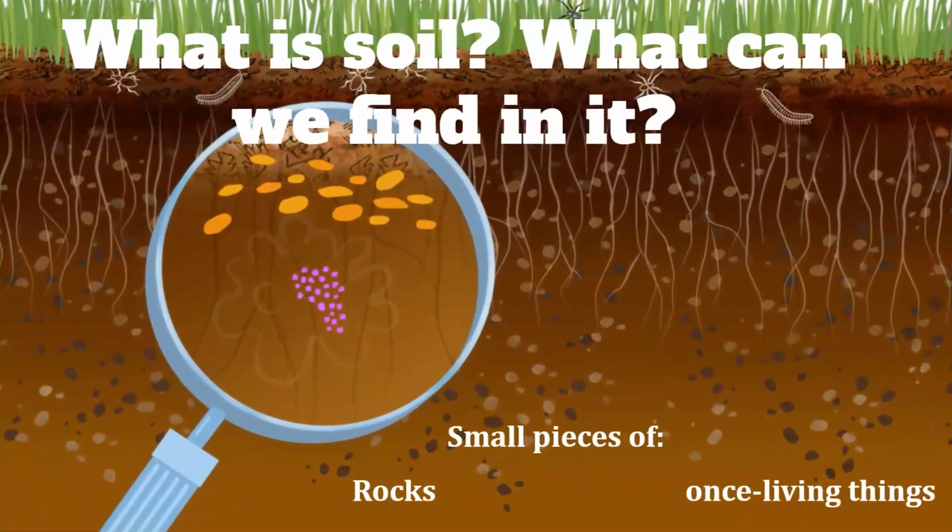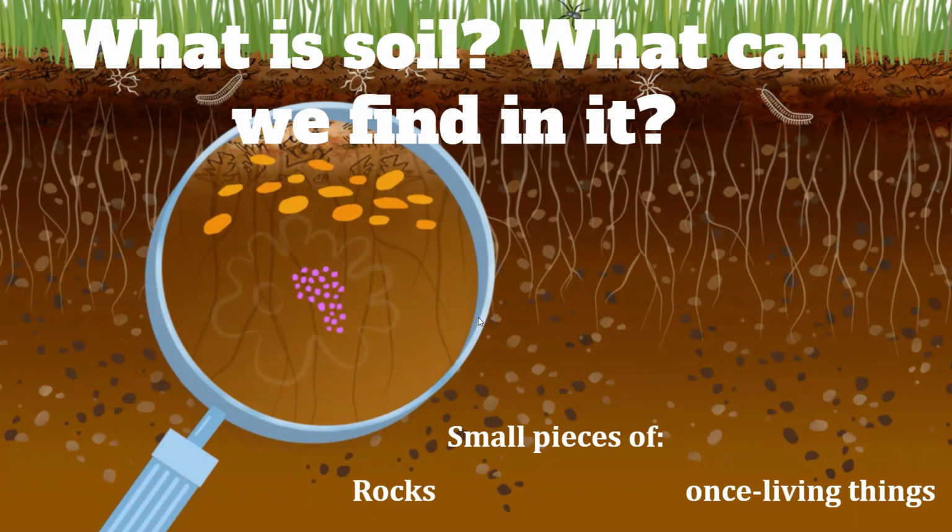First of all, what is soil and what can we find in it? We have to know that soil is or includes small pieces of two things: rocks, and they have to be broken rocks, not normal rocks, okay?